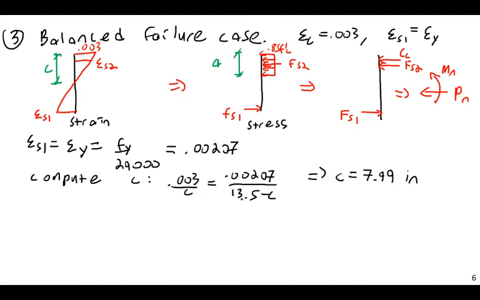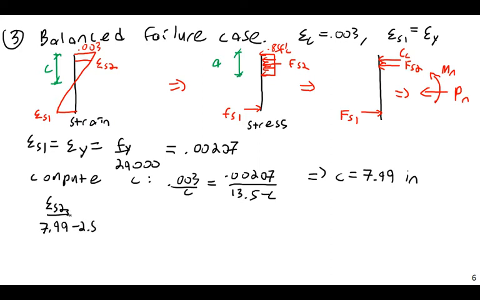Once I know that this c is 7.99, I can apply similar triangles again. To find c for this case, I applied a similar triangle comparing this triangle to this triangle. Then I can apply a second similar triangle comparing this triangle here to this triangle here. It's just triangles, triangles, triangles all the way down. So for epsilon S2, I can again use similar triangles: epsilon S2 over 7.99 minus 2.5.